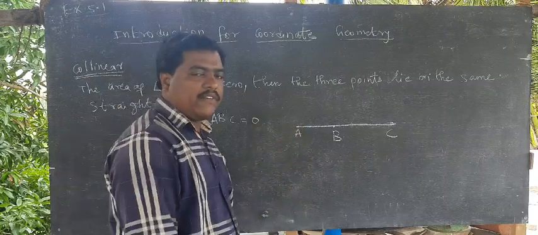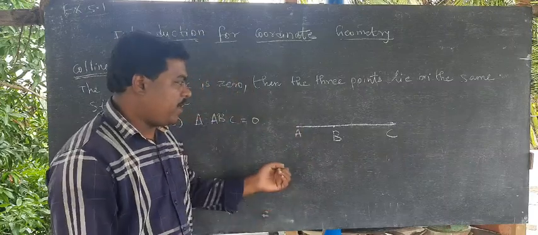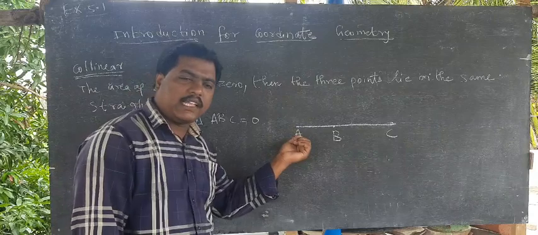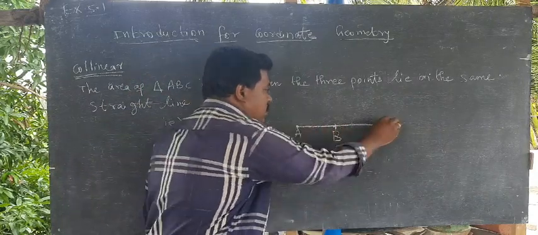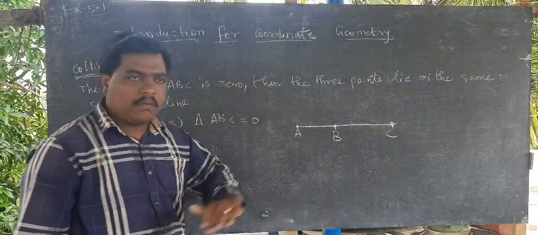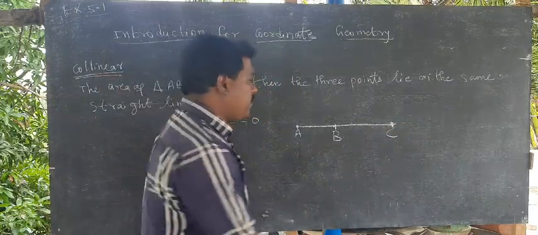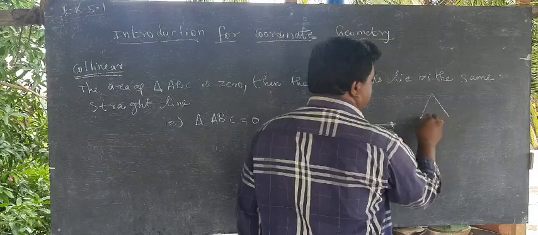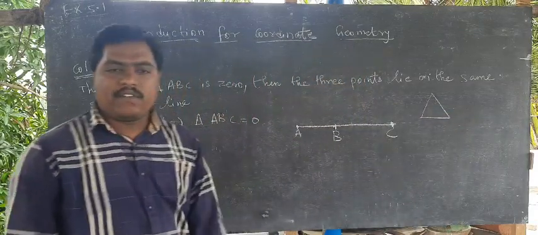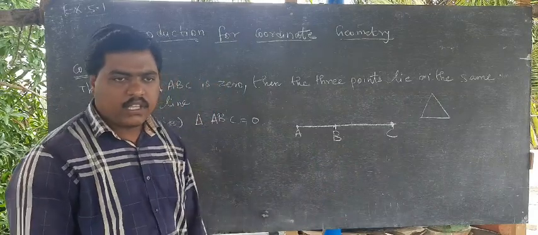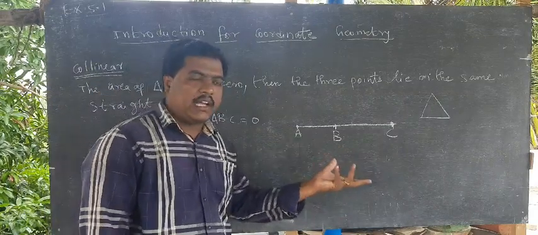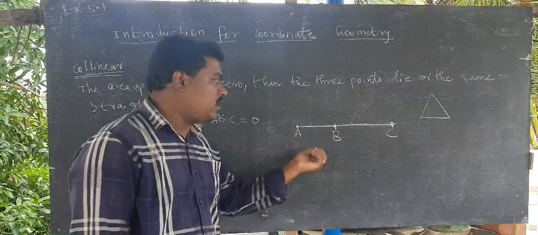If you draw the graph, the points lie on the same line, and that is called collinear. Same line means we can't form a triangle. We can't form the triangle means that is called collinear. In other words, we cannot find a triangle means that is called collinear.